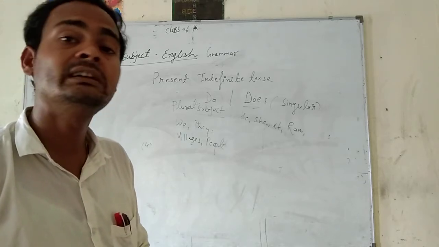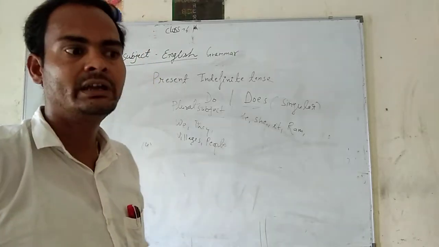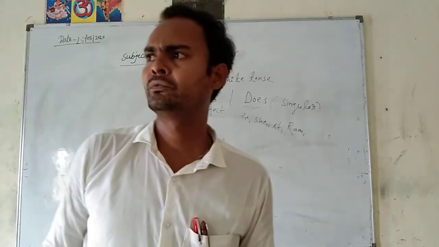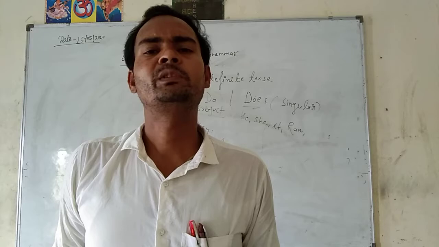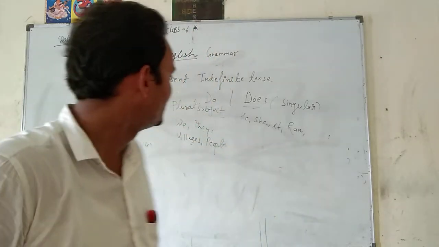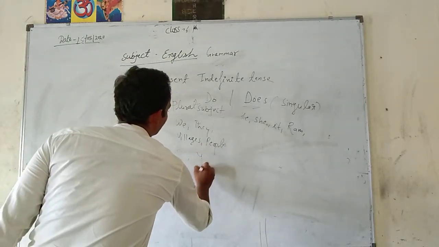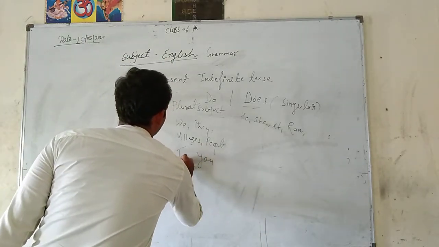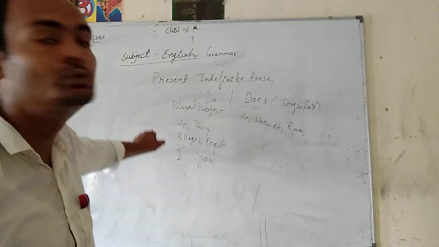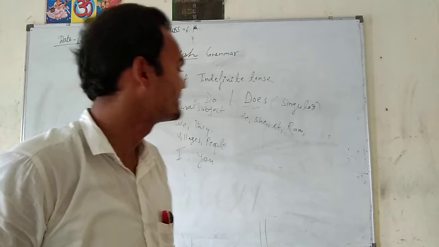So a company is not a singular subject. And you is sometimes for one person and sometimes for a group of persons. So these two words, I and you, have to be used with do. Okay, so this has to be understood.